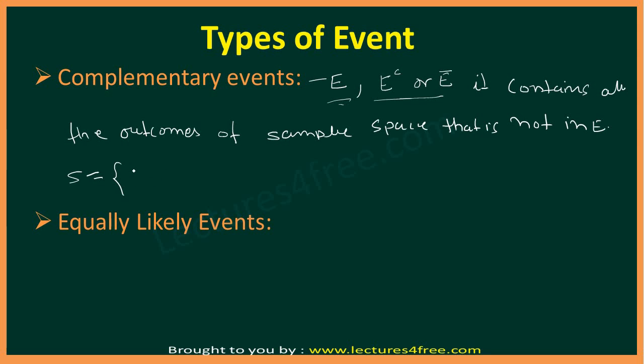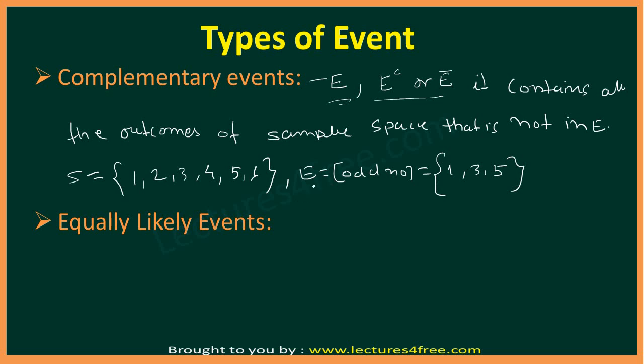So our sample space will be 1 2 3 4 5 6. Let's suppose our event is getting an odd number. So we can write our event as 1, 3 and 5. This will be our event. It is a subset of our sample space. This is our event, getting odd number.